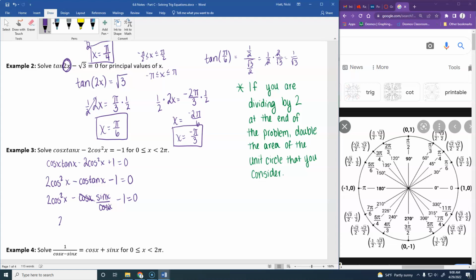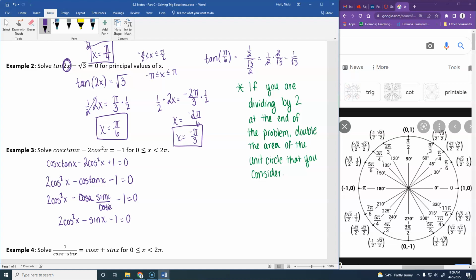Okay, so that gives us 2 cosine squared x minus sine x minus 1. Well, that's good because I don't have a tangent, but now I've got sine and cosine. Those don't match either. I can't factor this like it is. So what can I do now?